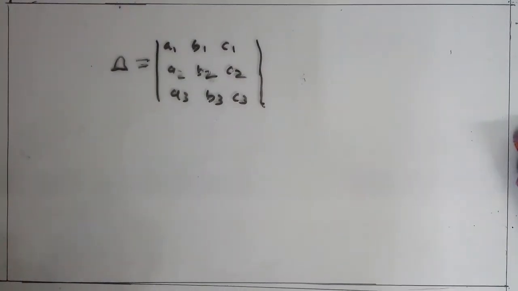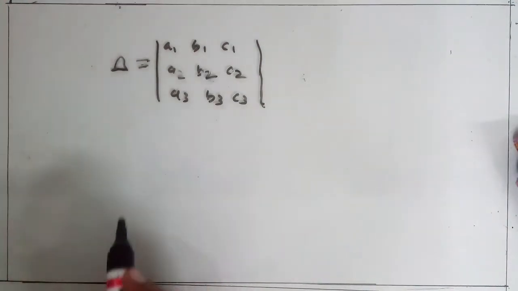Next property: if we multiply by a constant k each entry or each element of any row or any column, then the value of the determinant becomes a multiple of k.